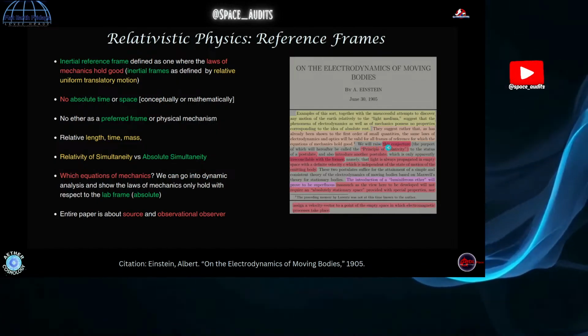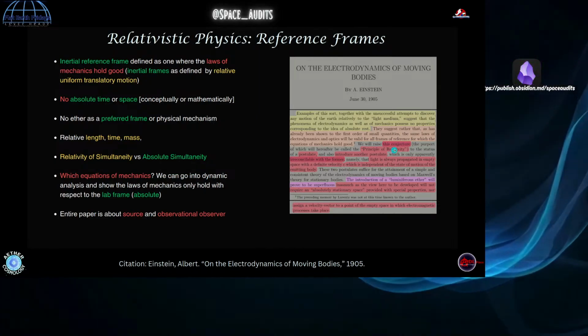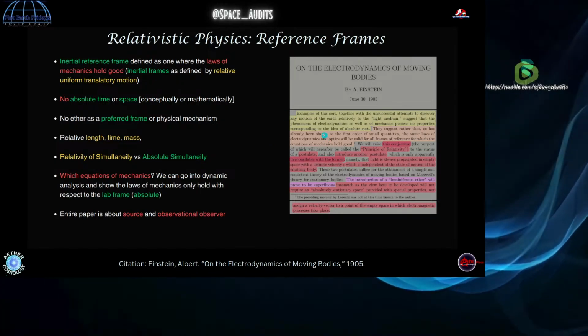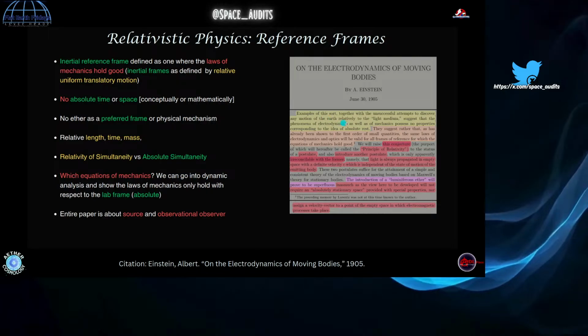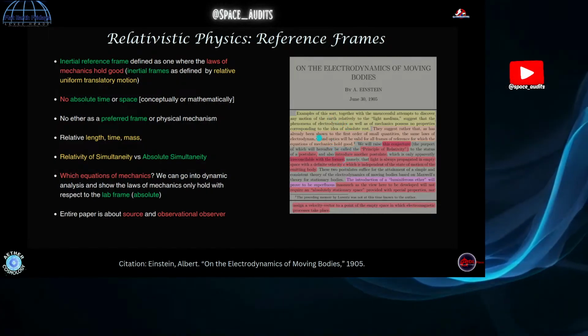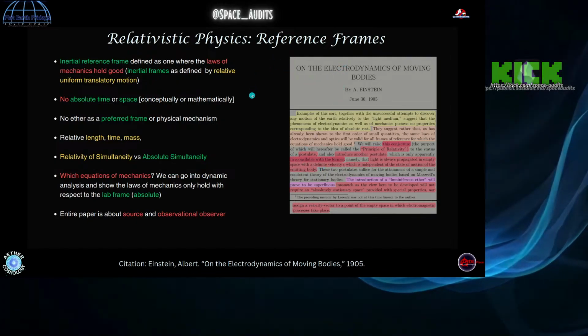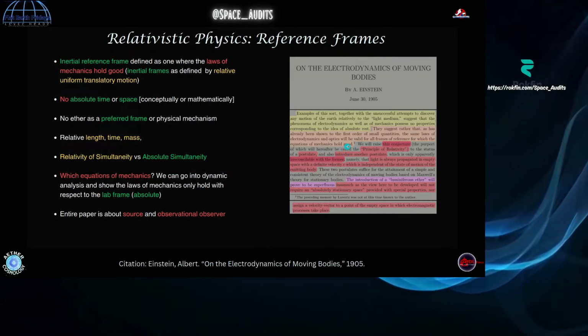And a second thing that I'm going to introduce, which will be irreconcilable with the former, is that light is always propagated in empty space at a definite velocity that is independent of the state of motion of the emitting body or the observer. Now, he doesn't say observer in this sentence, but this entire paper, as he goes on to define things, is about the relationship between the two observers.